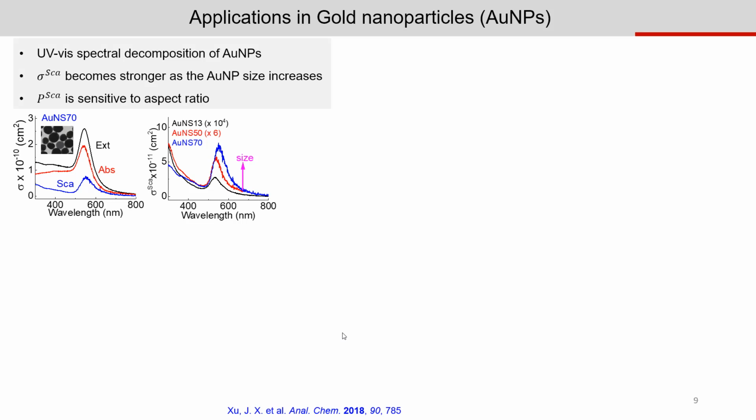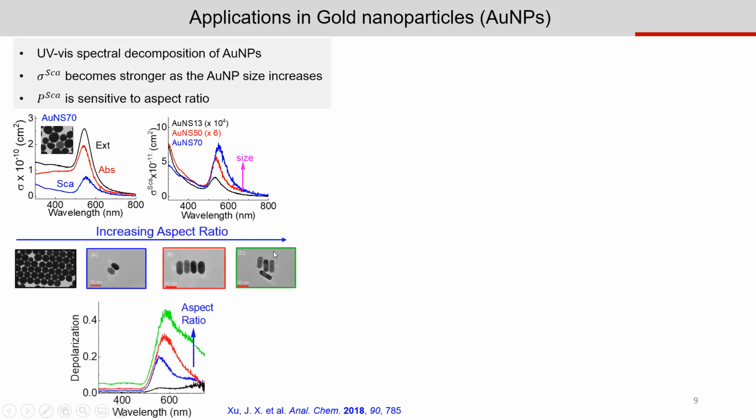In the application of gold nanoparticles, we quantify the scattering, absorption, and extinction cross-section spectrum for gold nanoparticles of different sizes and shapes. For big nanoparticles, the scattering is not negligible, and it increases as the nanoparticle grows bigger.